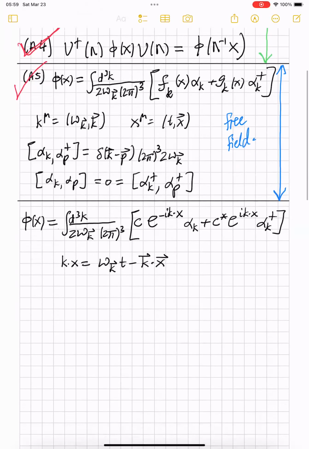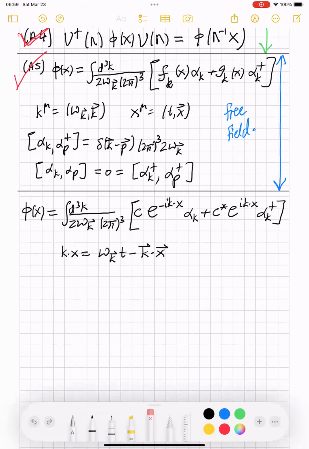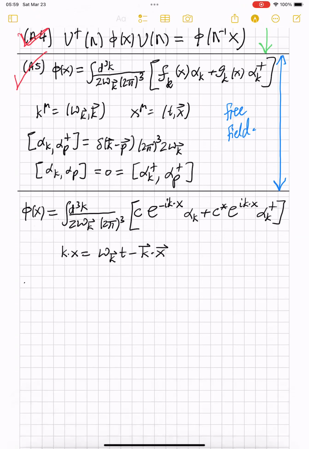So the first observation is that we did not specify the strength of our field. And this could be as simple as specifying the units that we're going to use to measure the field in.